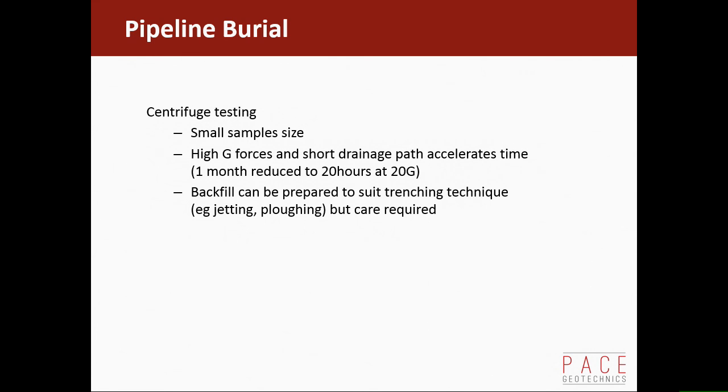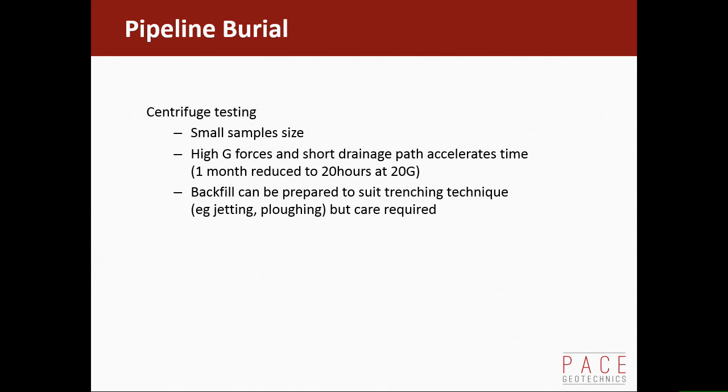Centrifuge testing, I mentioned before. The big advantage of that is we take a sample of seabed soils from the project we're working on, remould them in some way, and with a relatively small sample we can effectively replicate the trenching process and pull the pipeline out.